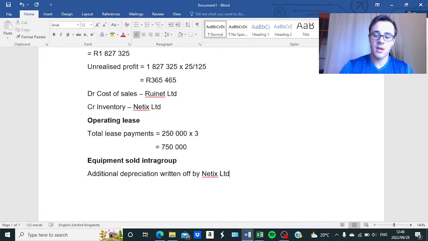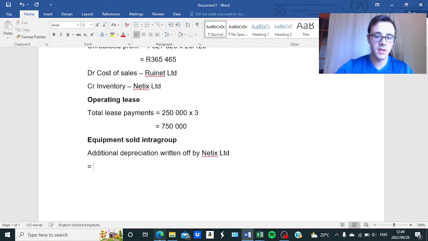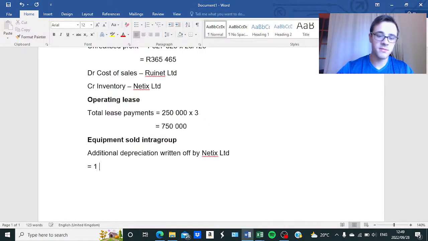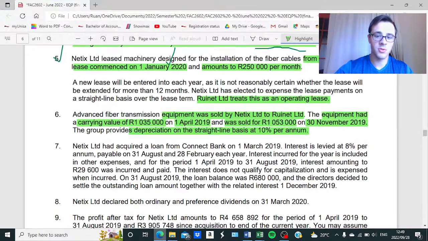As I've said, we will assume the reducing balance method because we do not have enough information to calculate the cost of the equipment. All right. So we start with the carrying value at the beginning of the year, 1,035,000.